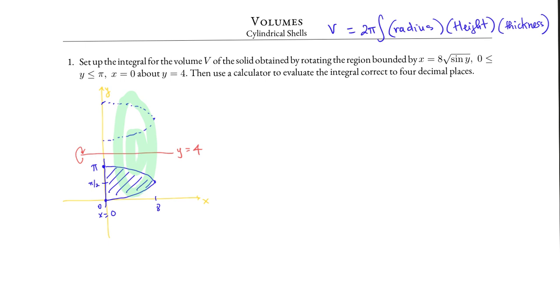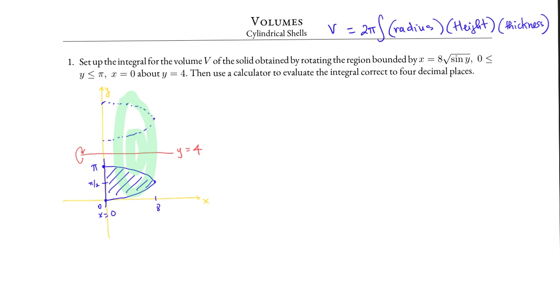This will pose a problem because we want two distinct expressions, one for the inner radius and one for the outer radius, and we won't be able to do that because the two curves are the same curve, sharing the same equation. Thus, the washer method is not a good choice.